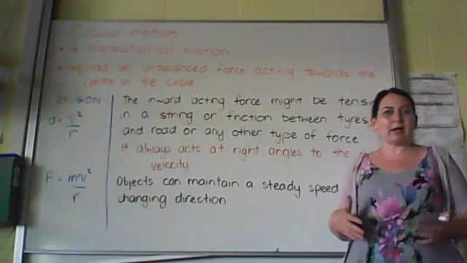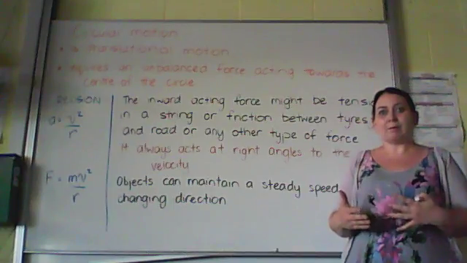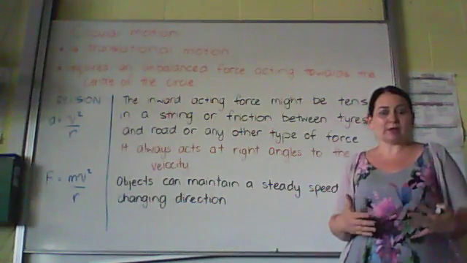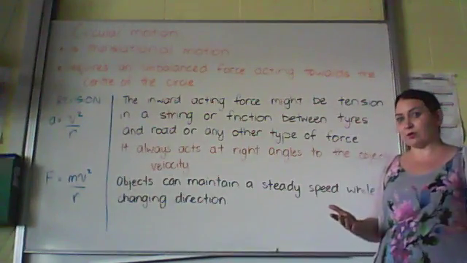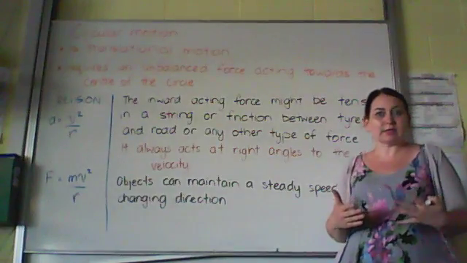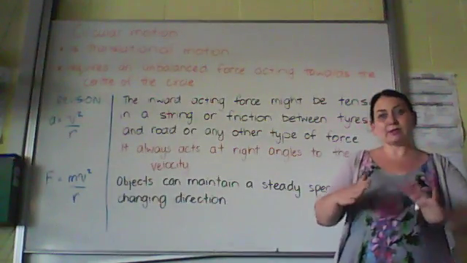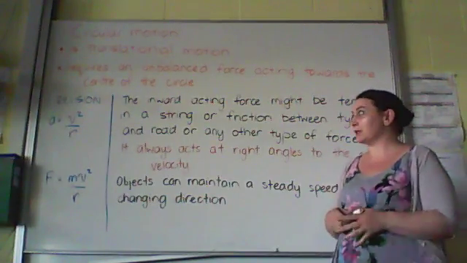So you can be in a car and the speedometer continues to read a steady speed, but you're actually changing direction as you go around the corner. And for those of you who do drive, you'll know that if you just keep your foot on the accelerator at a steady rate as you're turning, you don't always keep a steady speed.